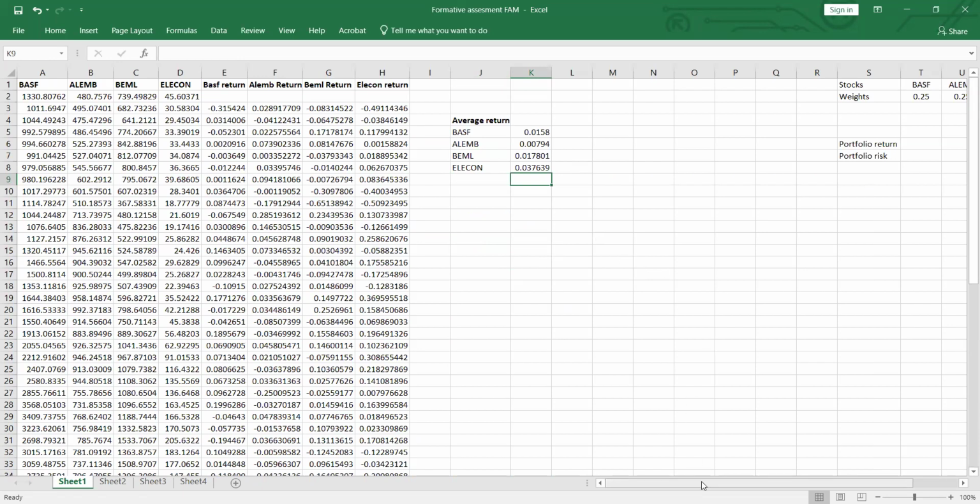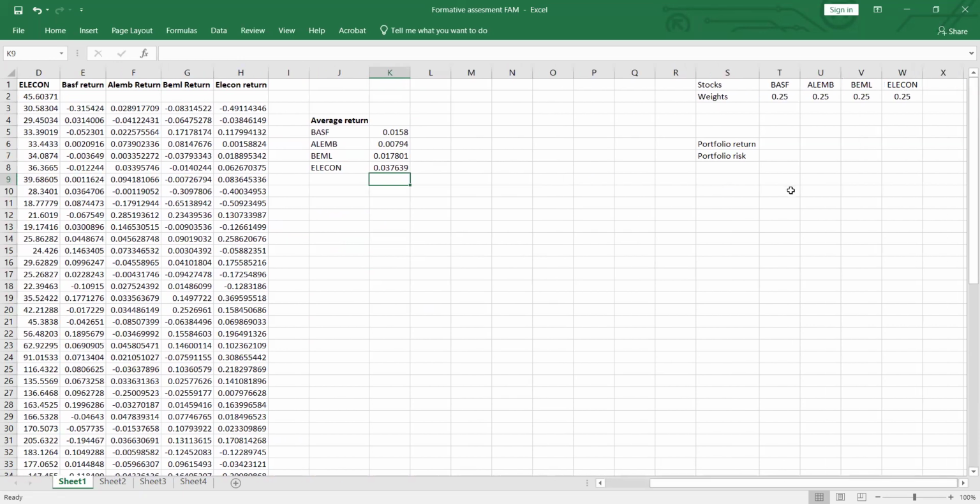Now we calculate the portfolio return, how much return I will get. To calculate this, we use the SUMPRODUCT formula. This is the weight of each stock: I have 25% in BASF, 25% in ALEMB, 25% in BEML and 25% in Elecon.